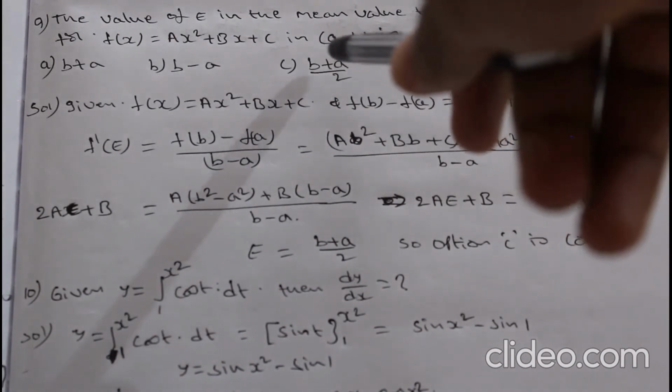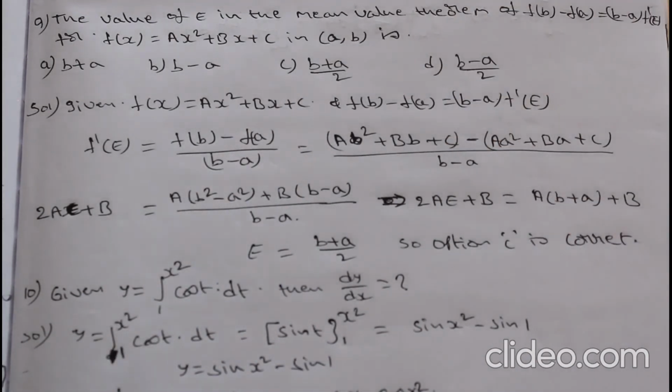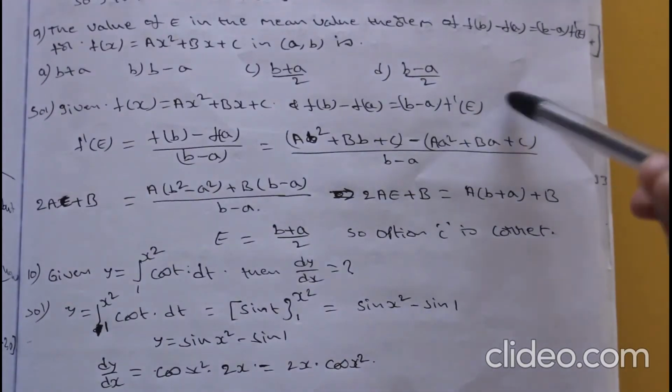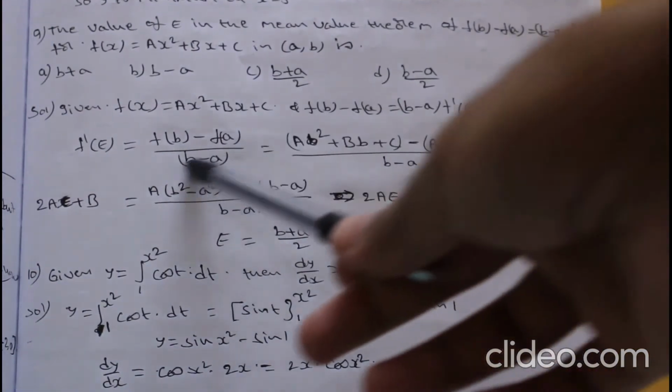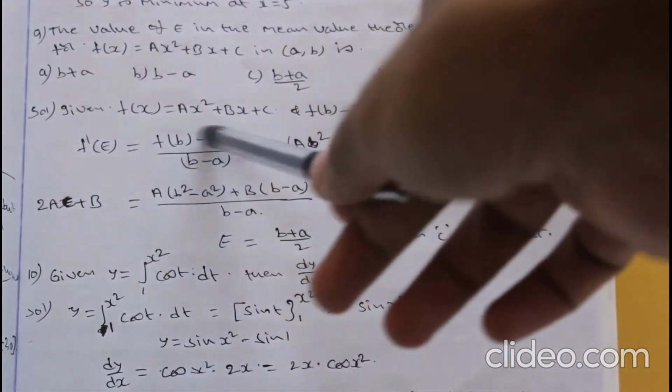So if an interval is given and after substituting it in the function you get f of a equal to f of b, then only you can apply Rolle's theorem. If it is not applicable, then you can apply Lagrange's theorem. So here it is directly given as Lagrange's theorem, by this formula. So directly apply Lagrange's theorem.